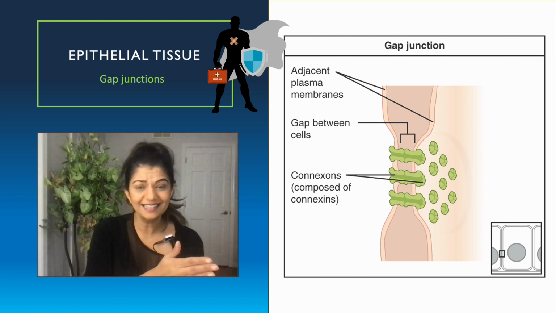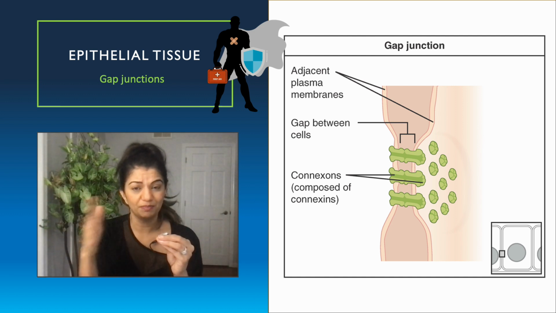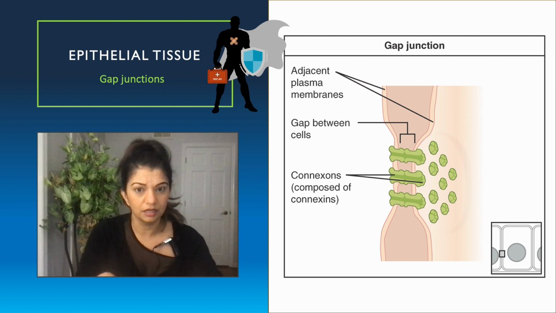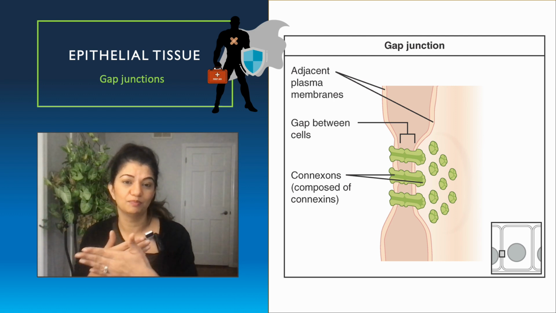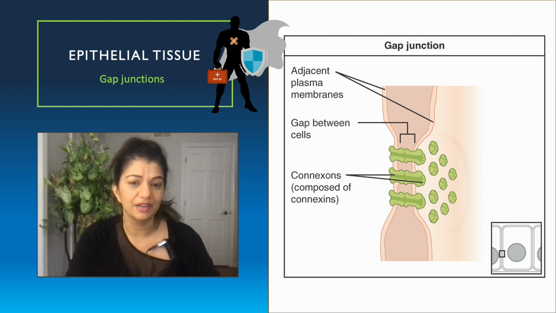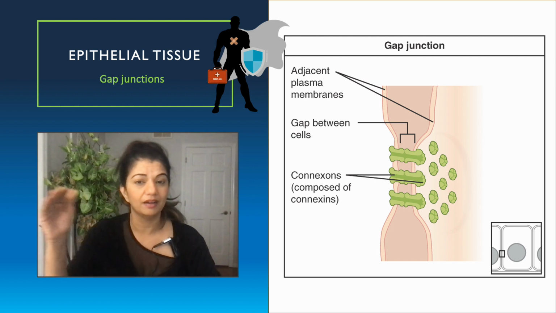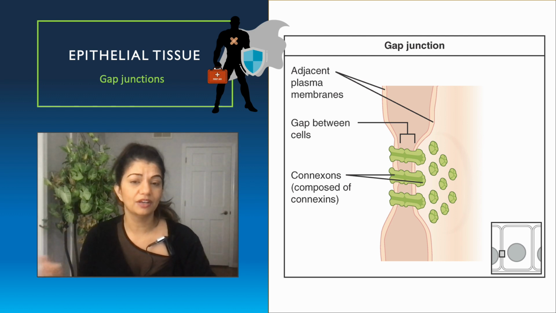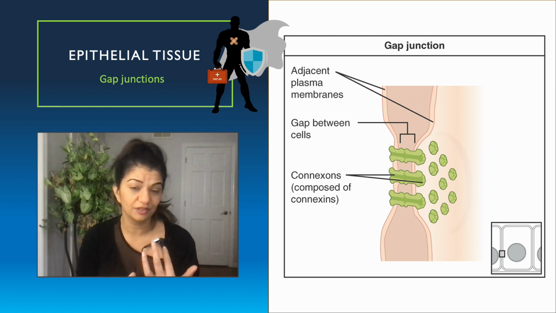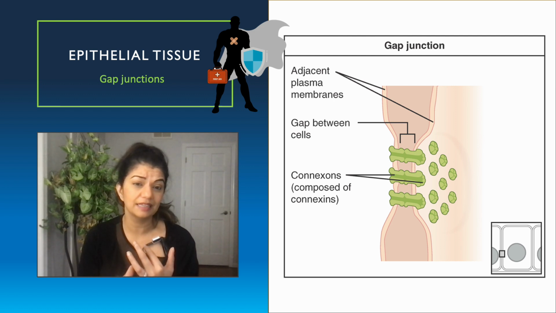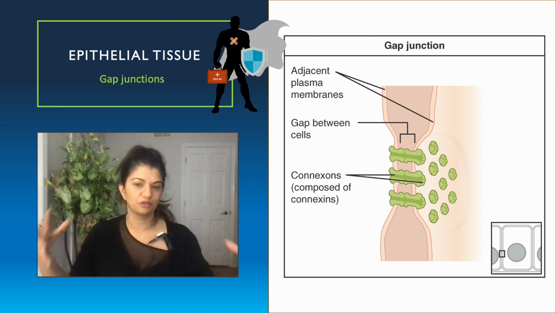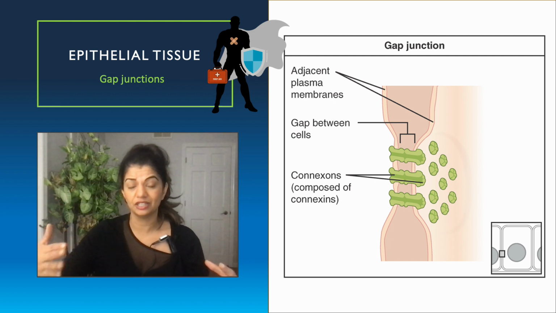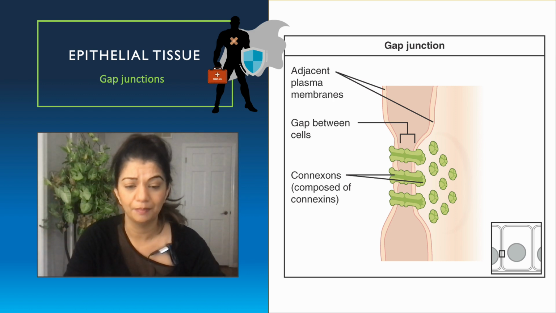So remember, tight, it restricts any sort of passing through. Anchoring is to just hunker down, and gap junctions is what facilitates movements of small molecules and ions between the cytoplasm of the adjacent cells. So these junctions allow electrical and metabolic coupling of adjacent cells, and it can also coordinate function in sort of large group of cells, right? Because you need a lot of communication, and this was what allows it to happen or occur.